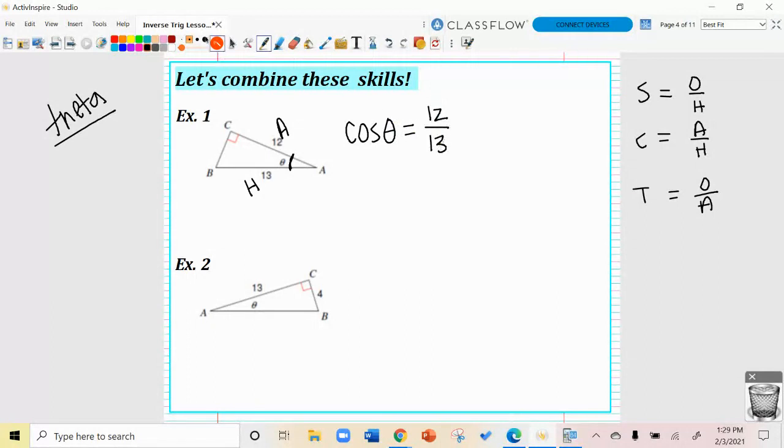And you might be looking at this and thinking, that isn't a new skill. We've done that. But how do I get this theta? I have to use the inverse operation. The operation that's occurring is I'm taking the cosine of it. I need to undo that. Well, what's the inverse of cosine? Cosine inverse.